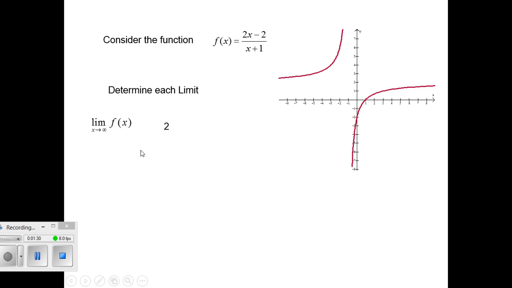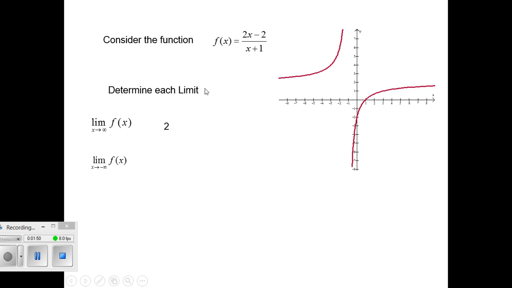And again, we can approach infinity from the left side. We can't come from the right side of positive infinity and ask the question. It just does not make sense. Next question: what is the limit as x approaches negative infinity?